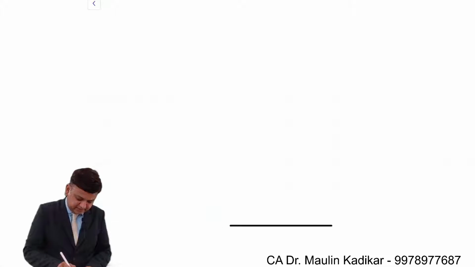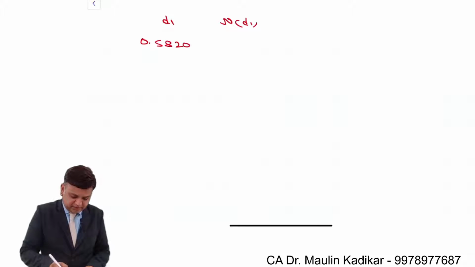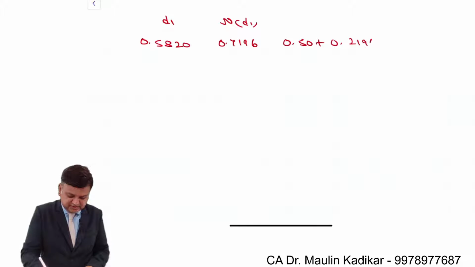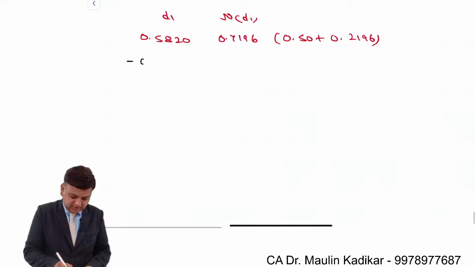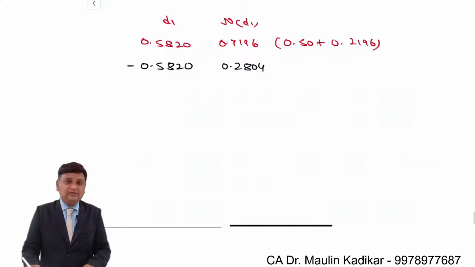So let us say 0.5820, that is what we are having, the D1 value, and ND1 value is 0.7196, that is 0.50 plus 0.2196. And suppose the same D1 is having negative value, negative 0.5820, then in that case the reading is 0.2804. This is what we understand.